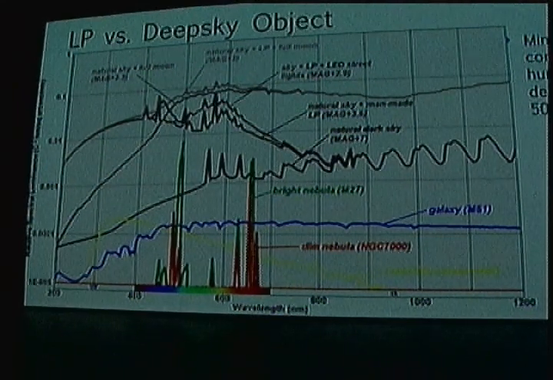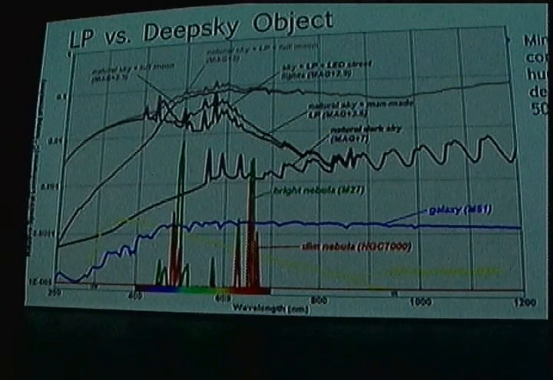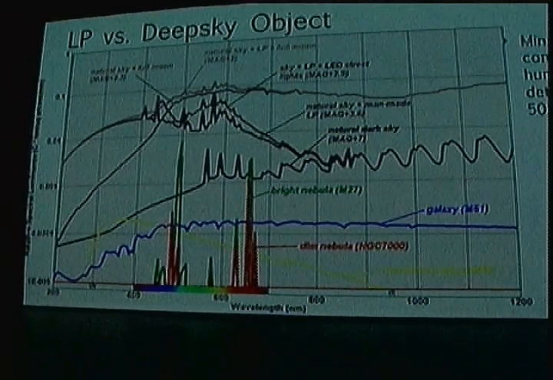Now, as a rough rule of thumb, to be able to detect something visually, you need a contrast level of at least 50 to 1. So if we take as an example the galaxy M51, the blue line, under dark skies it is about 1/10 the brightness of the sky.